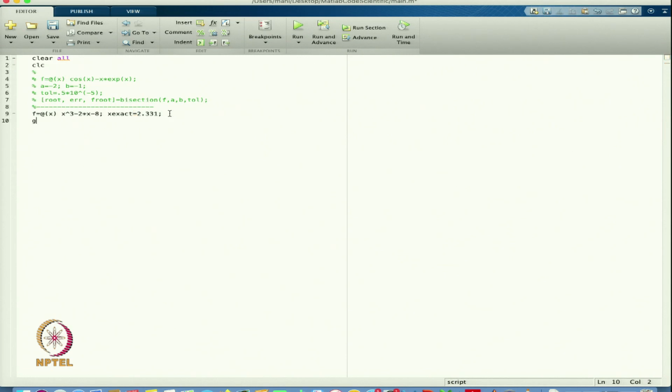Now, I have to find out what g is, because in the fixed point method I need to find the value of g. If you see, we have done the same type of thing in the lecture. We found that if I take g equal to 2 star x plus 8, this value raised to power 1 by 3, then in that case the derivative of g will be less than 1.